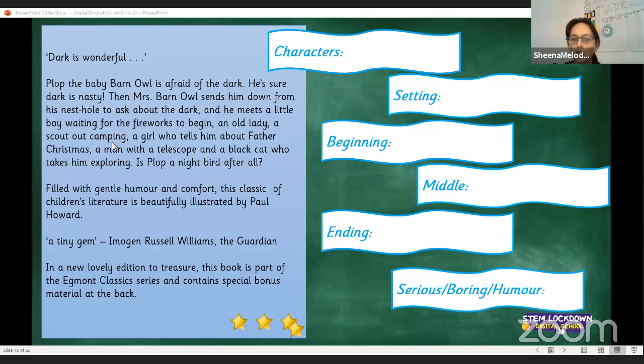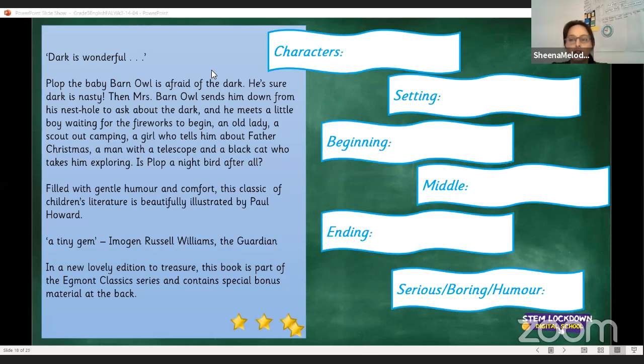Nice. Okay, so there is no right or wrong with this question unless they say maybe in the back that it's going to be funny. But it does say in the piece, filled with gentle humor and comfort. So that would help you answer it. You could say this book is going to have gentle humor and it's going to be comforting to read.